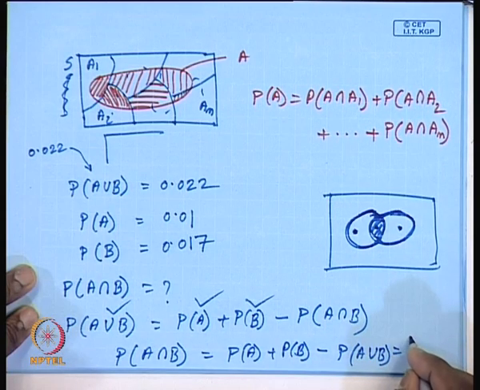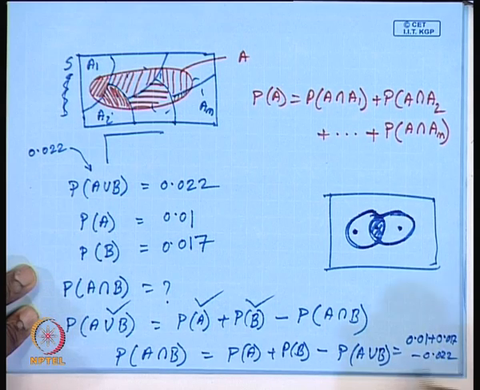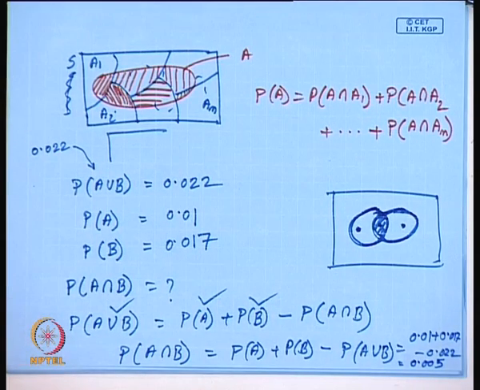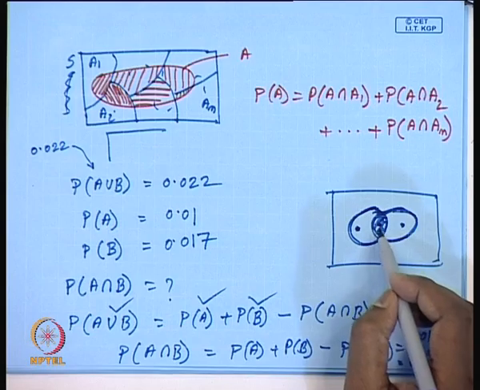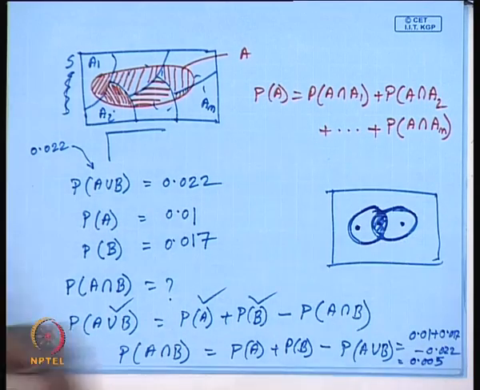0.01 plus 0.017 minus 0.022 equals 0.005. So, this refers to this particular area where I can say that this unit is defective in terms of both measurement as well as material quality.